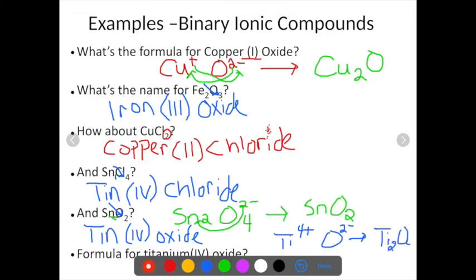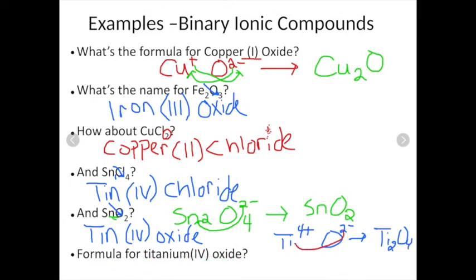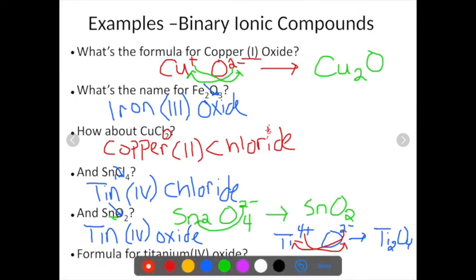Ti2O4, right? Because we have 2 coming over here, 4 coming over here. So I can't leave it Ti2O4. I have to divide by 2 and get TiO2. So those are tricky. You have to be careful.